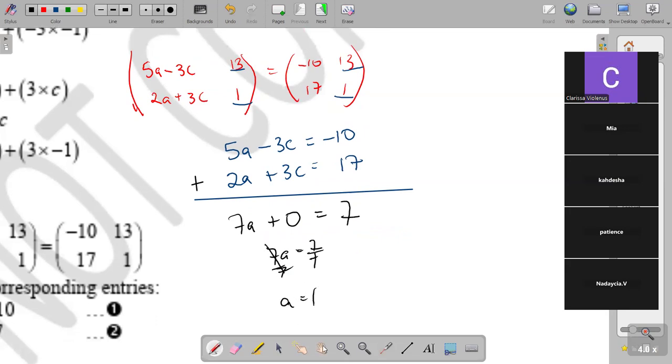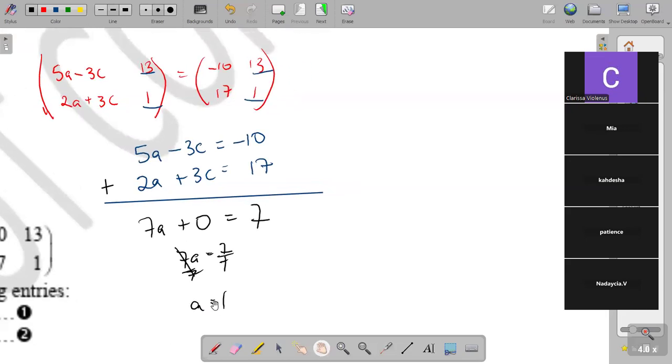Once we know a is 1, what is the next step for simultaneous equations? Substitute. So we take a is equal to 1 and substitute it into any one of these. So I could even use the second one. So let's say 2 times 1, I'm using the second equation, plus 3c is equal to 17, right?